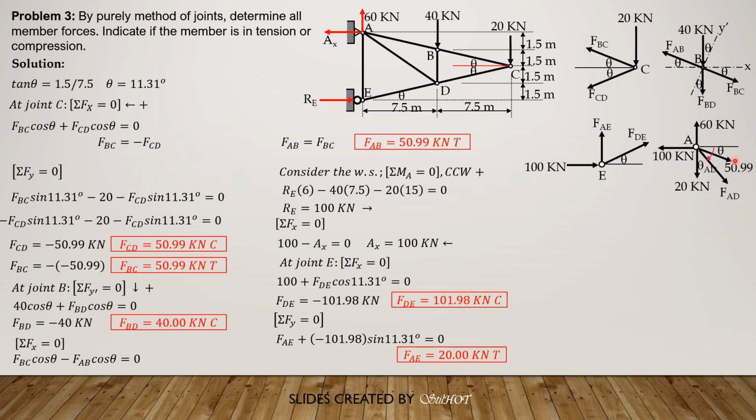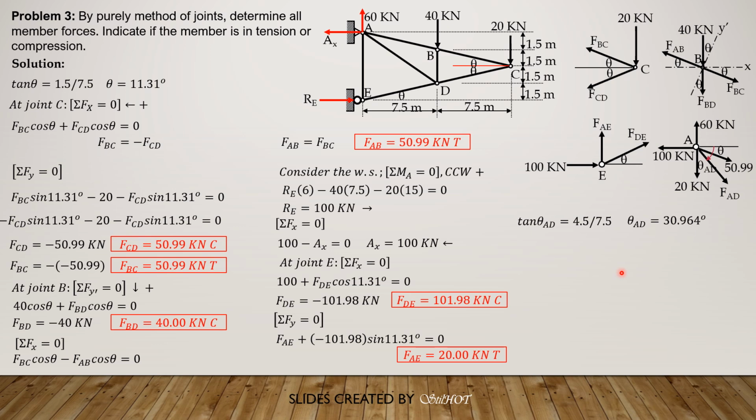And the angle that FAB makes with the horizontal is theta or 11.31 degrees. So we just find theta AD, which is tangent of theta AD is equal to 4.5 divided by 7.5. So theta AD is equal to 30.964 degrees.